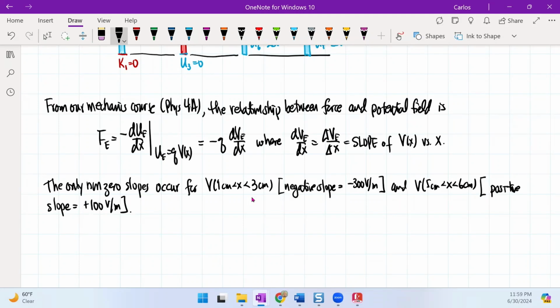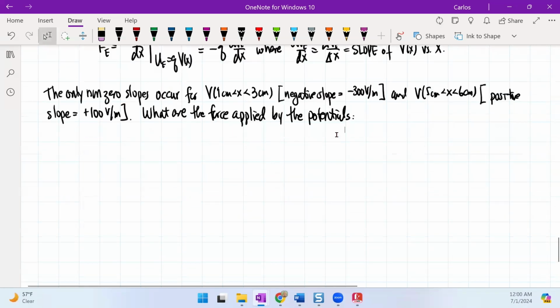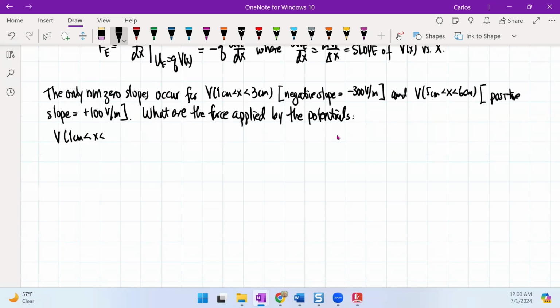So what are the forces? Or the force applied by the potential or potentials? Well, here's what we have. So if I look at the voltage between 1 and 3 centimeters, we saw that we had a curve that looked something like this.